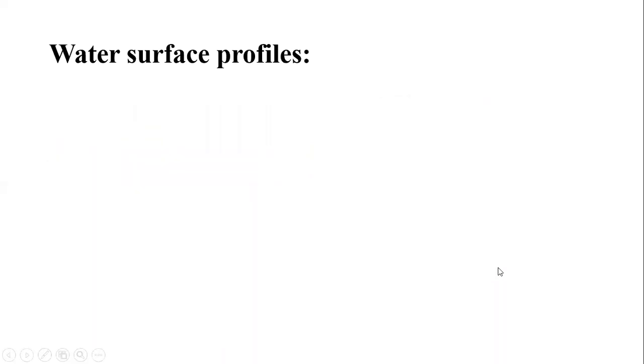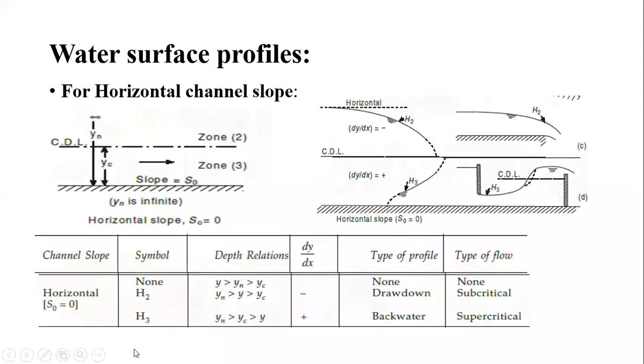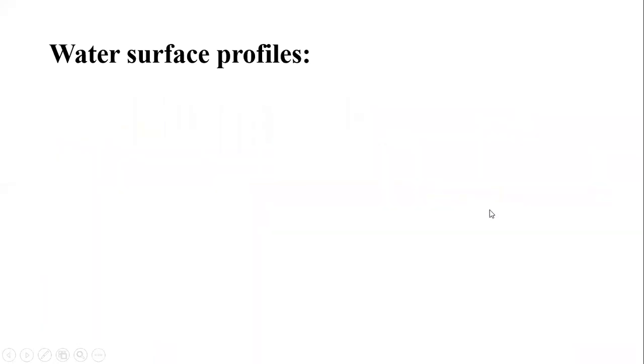The conditions of formation are: for H2, Yn is greater than Y but less than Yc, and for region 3, the actual flow depth Y is less than critical and normal, that is Yn is greater than Yc is greater than Y. Okay, so that part we have discussed.